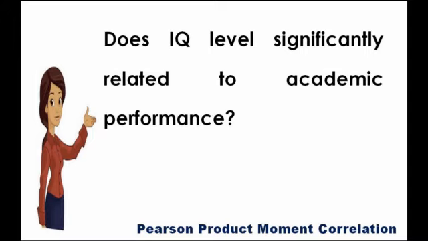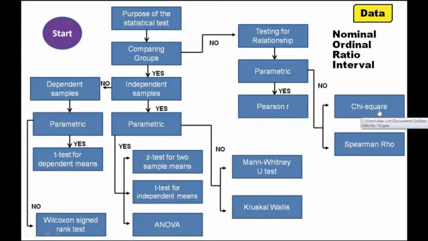Now, IQ level is a ratio and academic performance is an interval. Although IQ level is a ratio, we can dichotomize the data into a dichotomized interval data. Okay?